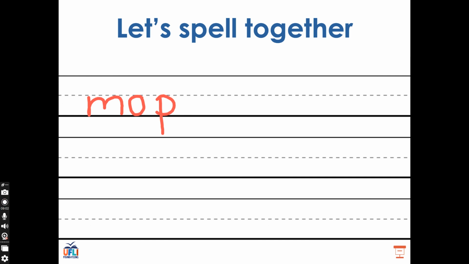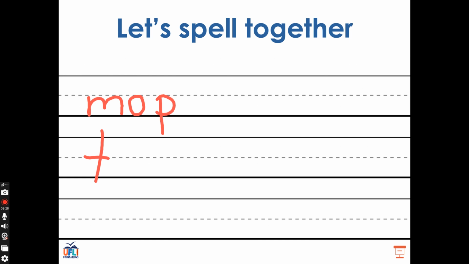Next, I want to write the word top. What sounds do you hear in the word top? T, ah, p, top. The first sound I hear in top is t, t, t. What letter says t? Good, T says t. So the first letter I write is T. The next sound I hear in top is ah.